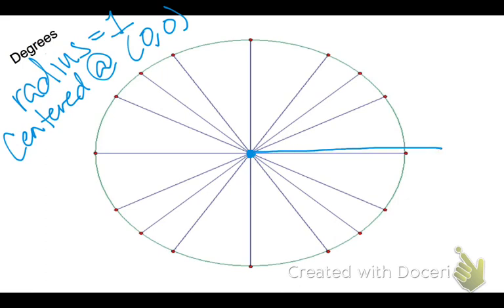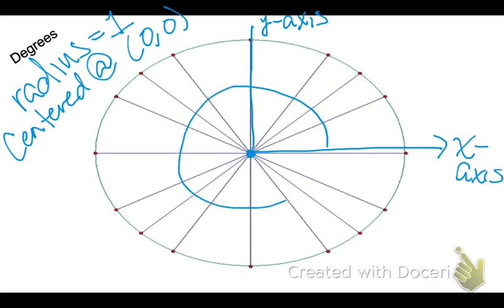This is like the x-axis. And this is like the y-axis. And what I can do is I can rotate and make angles of various degrees and radians.